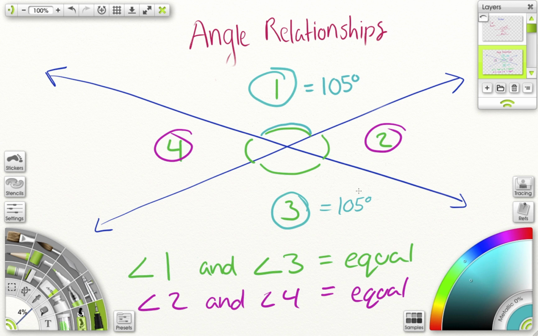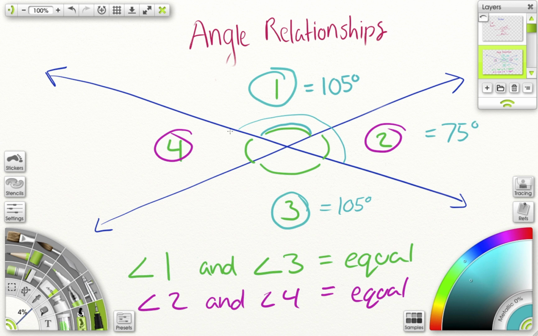Now to figure out angles 2 and 4, I use my supplementary angles. 1 and 2 are on a straight line here. That means it has to equal 180. So what would angle 2 be if angle 1 is 105? It would be 75 degrees, because 75 degrees and 105 degrees equals 180. What about angle 4?